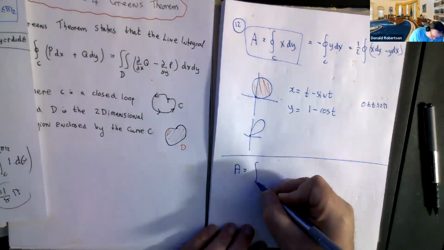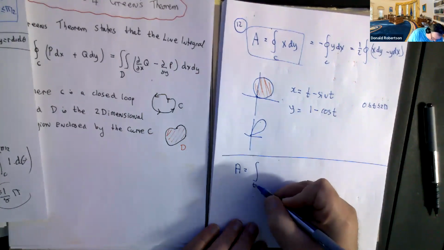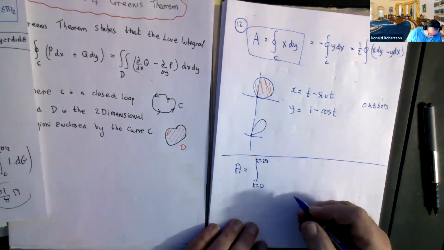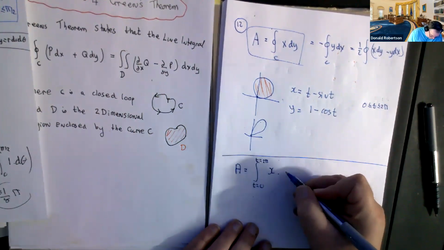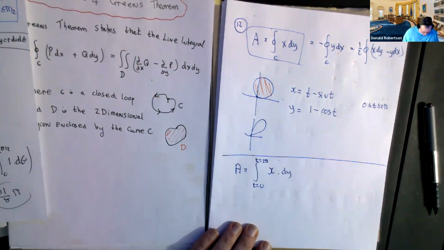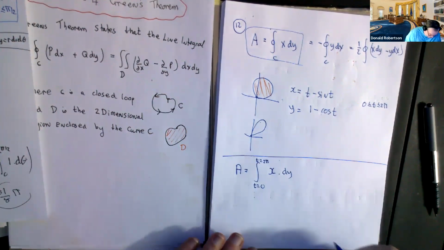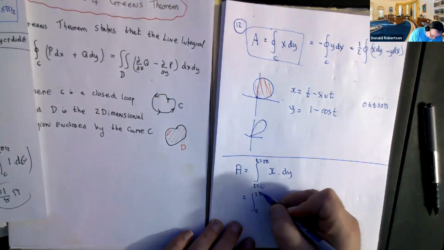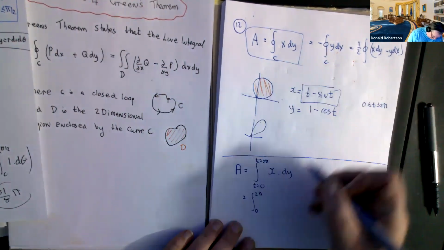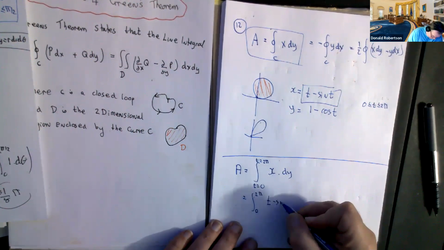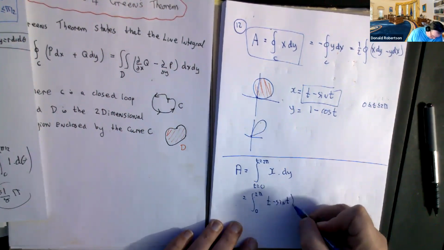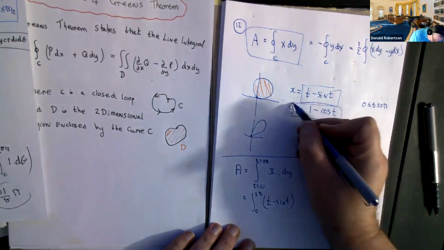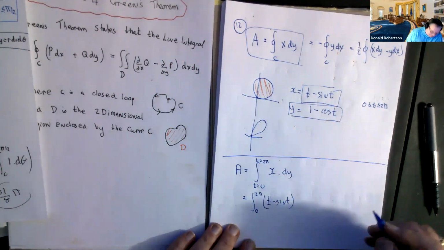So it's going to be the integral from t equals 0 to t equals 2 pi. Right now I'm going to write it as x dy. It's going to be the integral from 0 to 2 pi. Instead of x, I'm going to use this guy. And I'm going to use this fella to figure out what dy is.